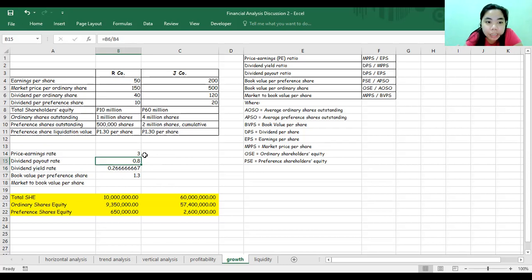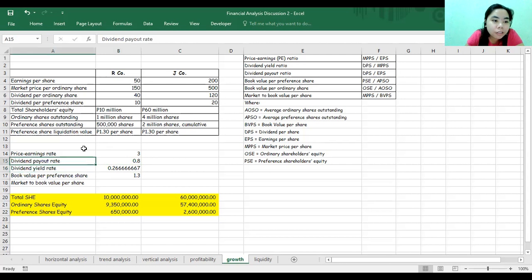So for each 1 peso of earnings per share of the company, 80% is what you paid as your dividends. Then for the dividend yield, that would be your dividend per share divided by the market price. So that's how dividend payout and dividend yield differ.